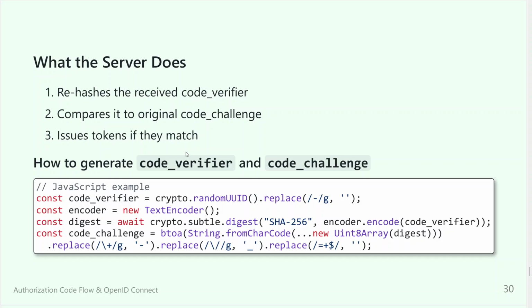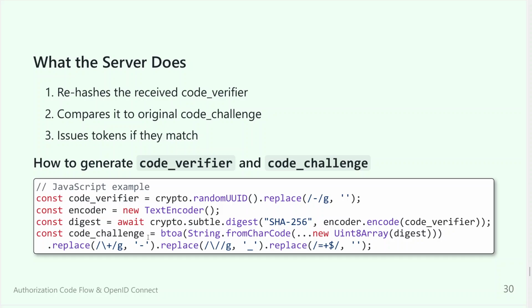It's saying, okay, the code that you are sending now is still the one that I received first. Meaning that if something in the middle tries to intercept and generate a different one to replace you, like a hacker, it will fail, because when it hashes the code, it will say, no, it's not the first one that I received. So it will not issue the tokens.